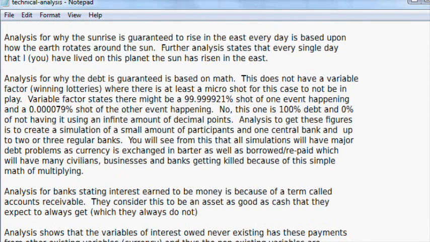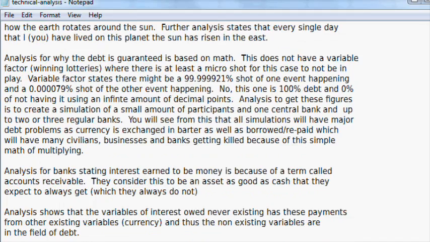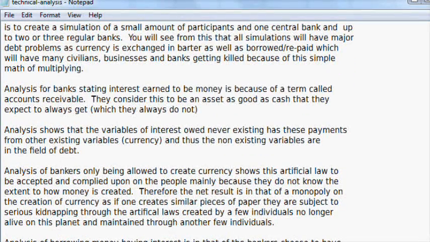Analysis for banks stating interest earned to be money is because of a term called accounts receivable. They consider this to be an asset as good as cash that they expect to always get, which they always do not. Analysis shows that the variable of interest earned or owed never exists, as these payments come from other existing variables, currency, and thus the non-existing variables are in the field of debt.